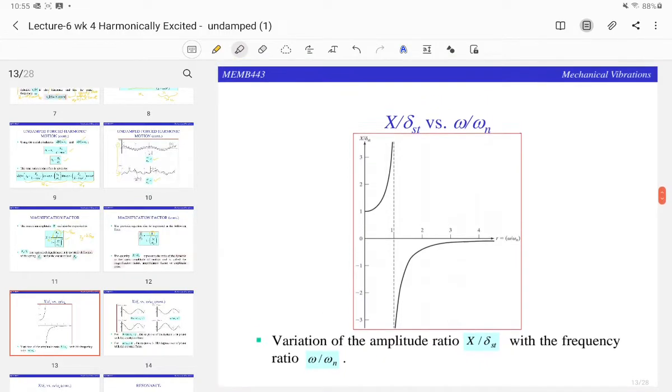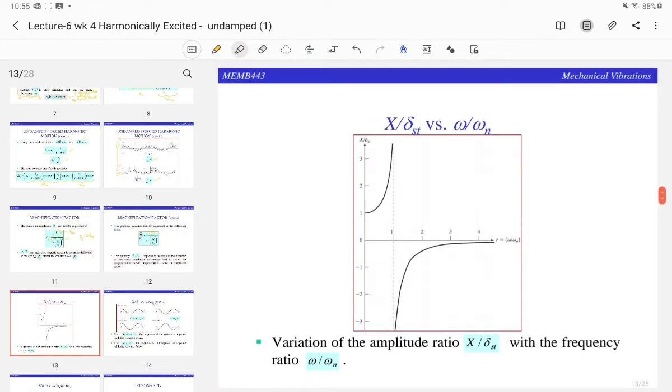So this is when you draw the figure of this magnification factor versus the frequency ratio. These are the common terms that we use in vibration. Omega over omega n is the frequency ratio, sometimes we also use R. So your R is equal to omega over omega n.